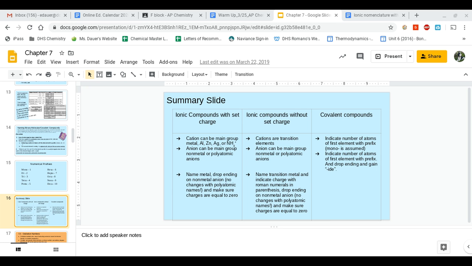It's always going to be NH4+, which is also why we describe it as having that set charge. The anion can be any main group nonmetal or polyatomic ion. And same thing for that. If it's a negative polyatomic ion, it's not going to change. So it can act like that nonmetal, but we would have a known set charge to it.